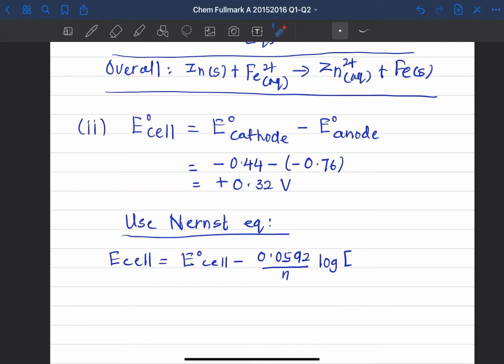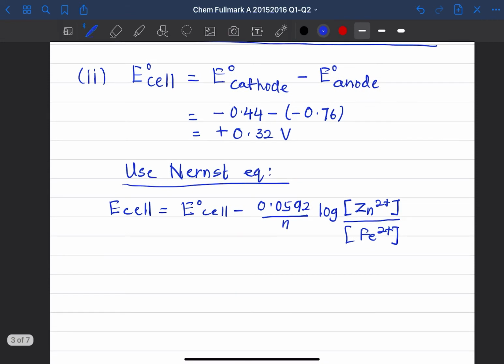So fill in zinc 2 plus over the reactant. Now the reactant: we consider Fe 2 plus aqueous only. Solid, don't take. So over Fe 2 plus concentration.